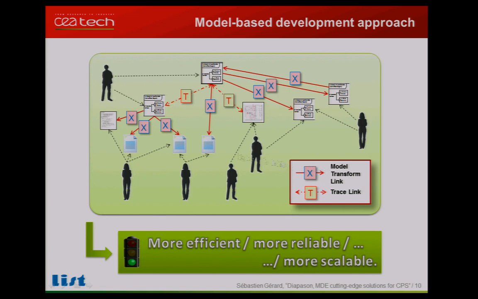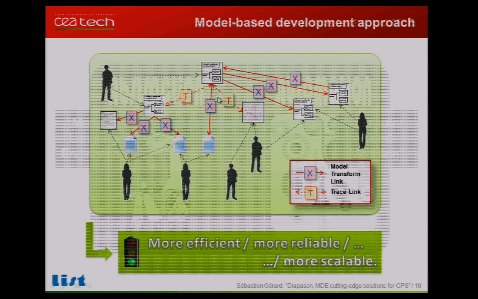So we formalize the relationship between the models, and this formalization is either a transformation, so you can produce, for example, a specification document from a model of the architecture description, or sometimes a trace relationship between two different models, where a model could be focused, for example, on the control aspect of the system, and another model focused on the architecture description.